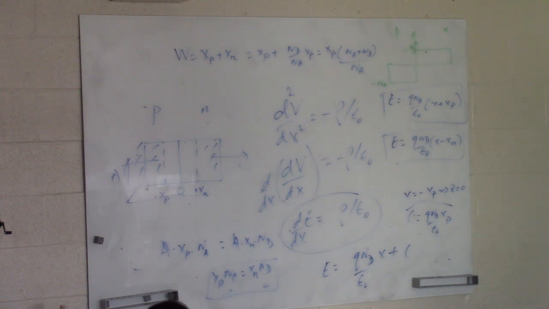Remember how much it changed from the original intrinsic value on one side and on the other side by this bending. If you add these two, you get the built-in potential. Is this clear for everybody?